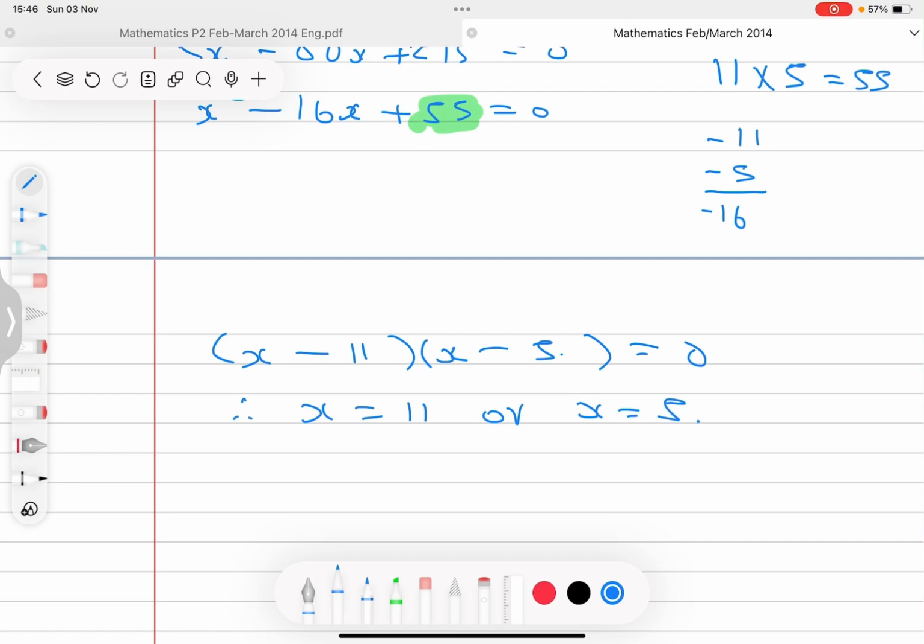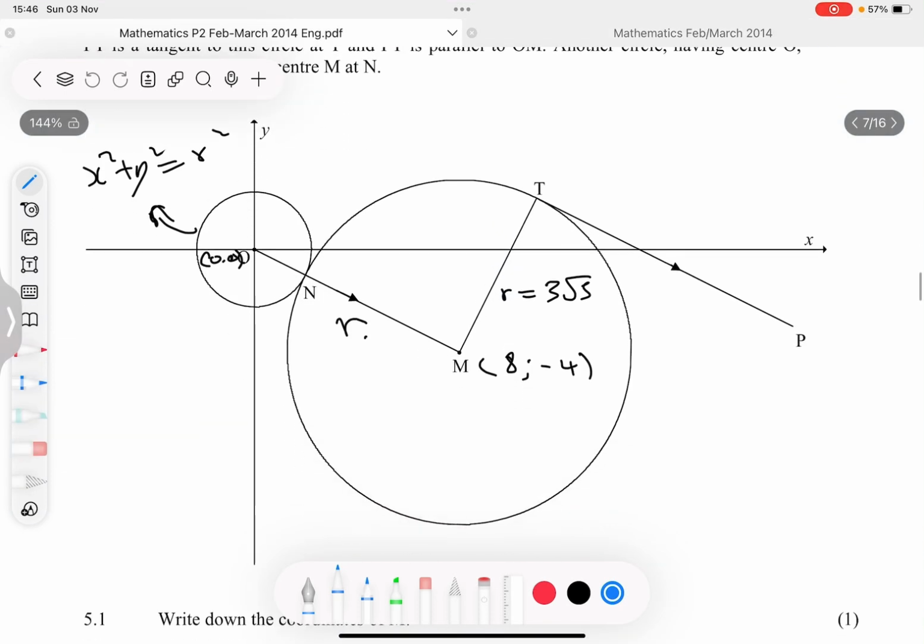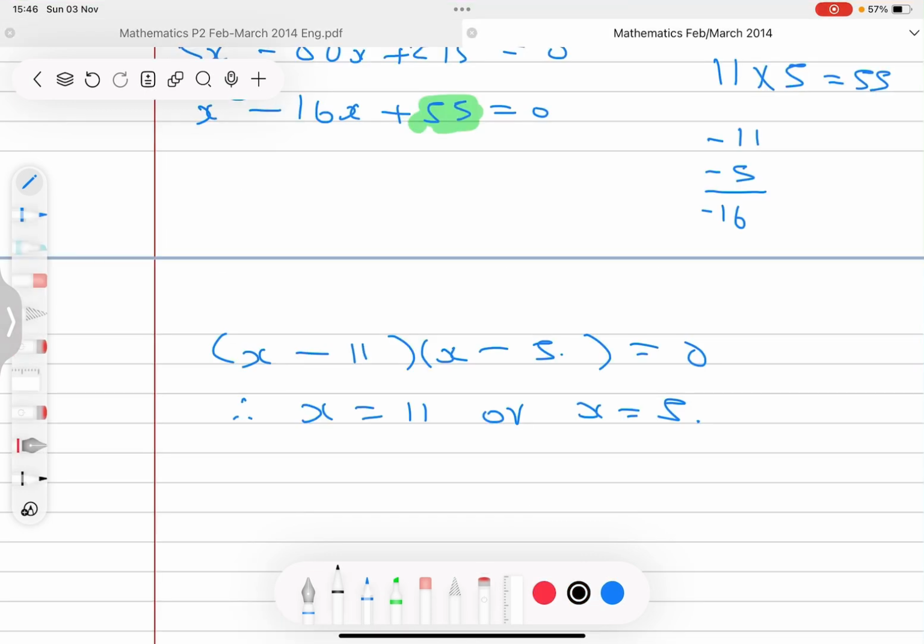Now, we have to interpret these numbers. Remember on our diagram that we know that this point here is given by 8. We said m moved from 0 to 8, and then it went down 4 units. So we know that the value of x here is 8. Now, look at our answers.